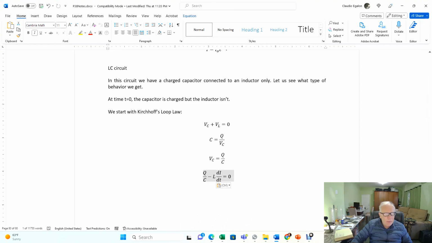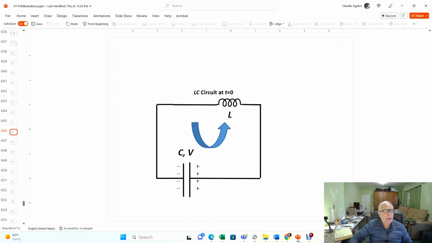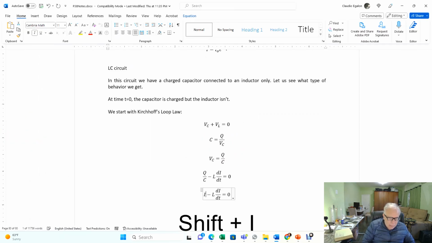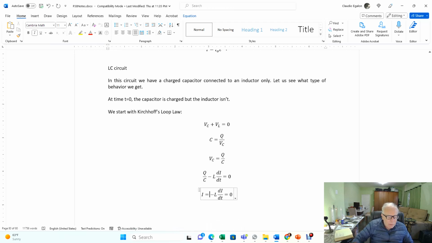In the next step, we are going to come up with a relation between I and Q, okay? So let's go back to our capacitor. Notice that at time t equal to 0, the capacitor is discharging, right? Because the capacitor is discharging, the current must be a negative of dQ/dt. The negative stays, right?